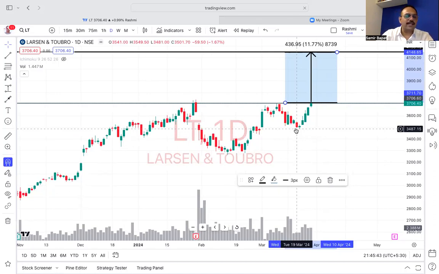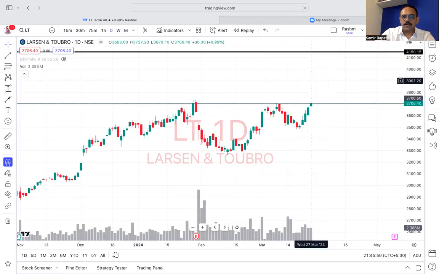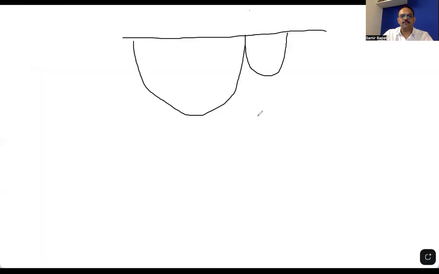And for Ichimoku, we'll use the green line as a trailing stop for this. Okay, so cup and handle is done. Now head and shoulders. Head and shoulders I'll show you on the paper, and then we will try to look at the head and shoulder formation.